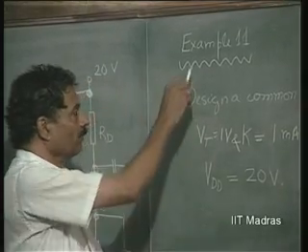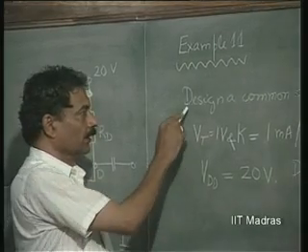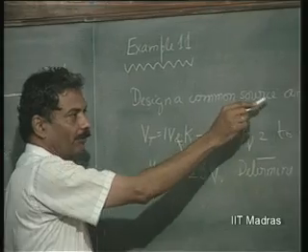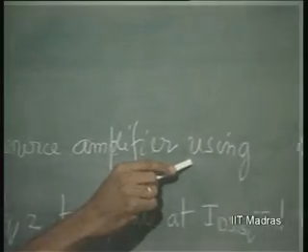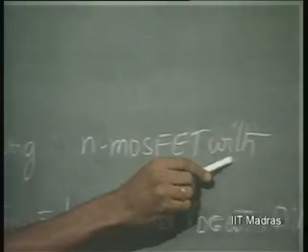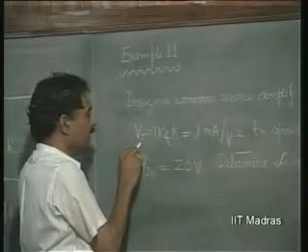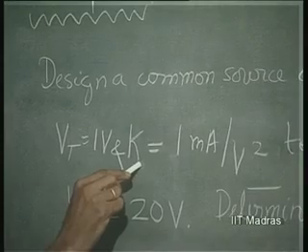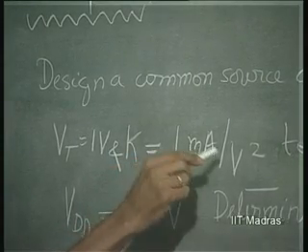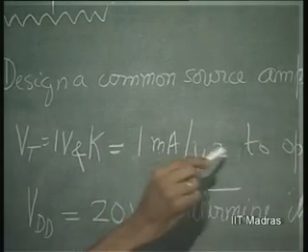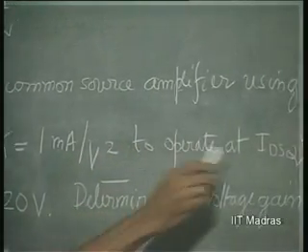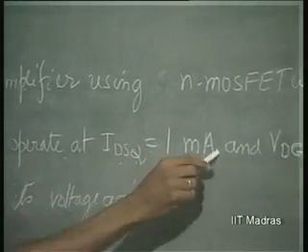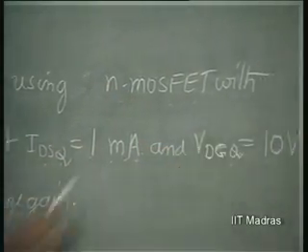Now, consider this example 11. Design a common source amplifier using N MOSFET with Vt equal to 1 volt and K equal to 1 milliampere per volt square to operate at IDSQ equal to 1 milliampere and VDGQ equal to 10 volts.